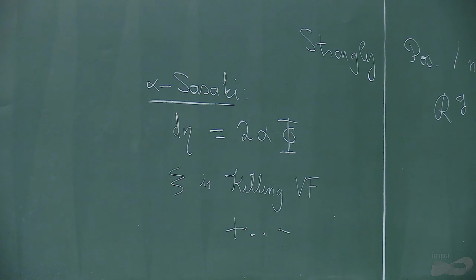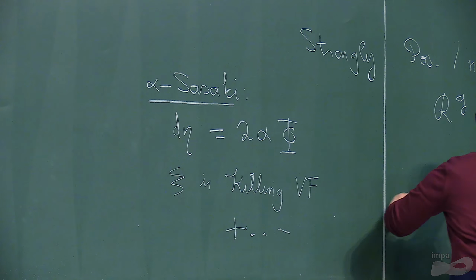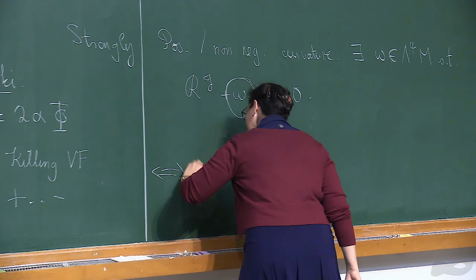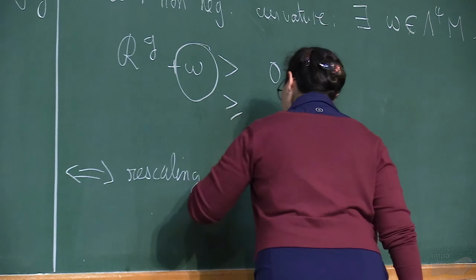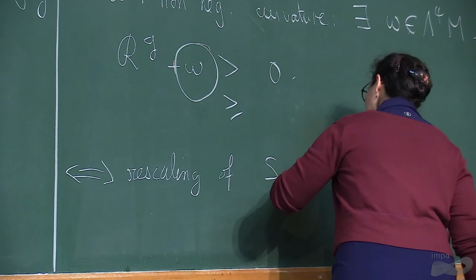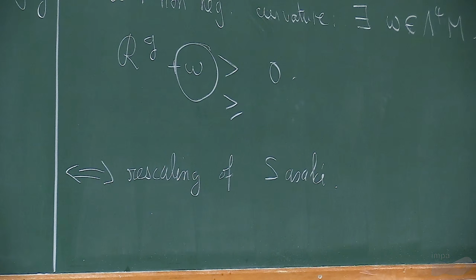Alpha Sasaki is a rescaled Sasaki, yes. It's a rescaling of Sasaki. So why is it reasonable to look at alpha Sasaki instead of Sasaki? Well, because a constant multiple of a Sasaki metric is not Sasaki anymore.